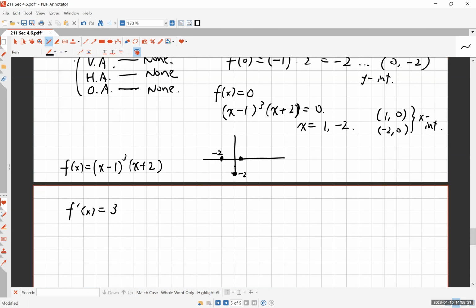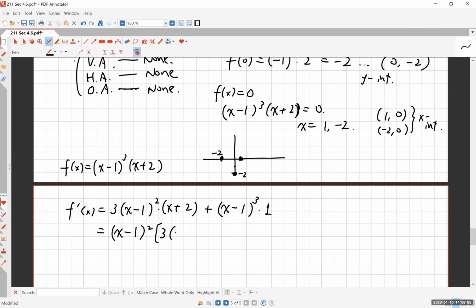I think I'm going to take the derivative of this product. So it's the derivative of the first, which is this times 1 times the second, plus the first times the derivative of the second. Looks like I can factor out (x minus 1) squared.